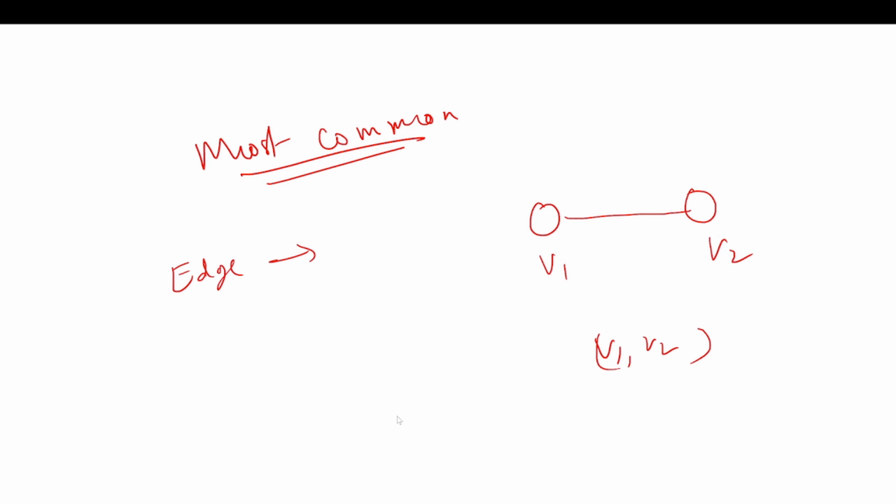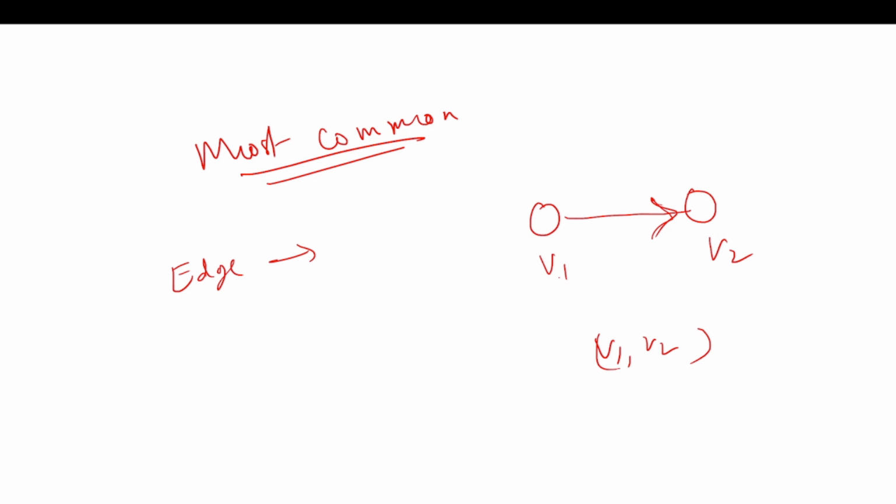Now think about outgoing edges and ingoing edges. If we write like this, this is the outgoing edge and this is called ingoing. For this edge, v2 has incoming and v1 has outgoing. You have to see the direction and then decide.